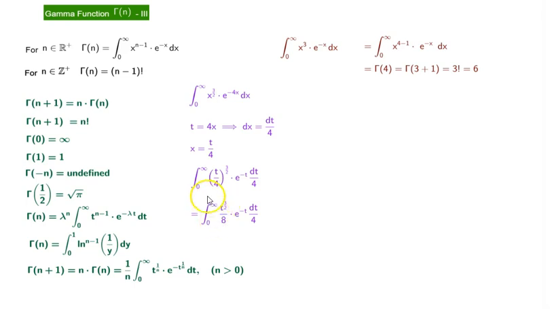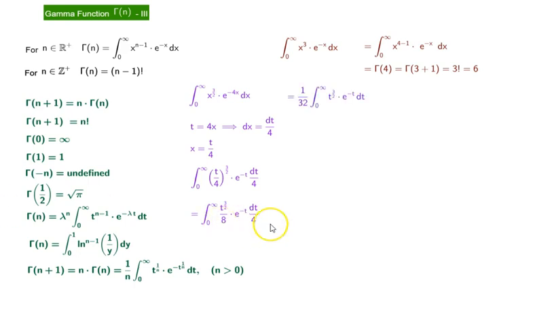Simplifying this, we get integral from 0 to infinity of t to the power of 3 by 2 divided by 8. So here 4 cube we take. 4 cube is 4, 4, 16, 64. Square root of that is 8, times e to the power of minus t dt by 4.